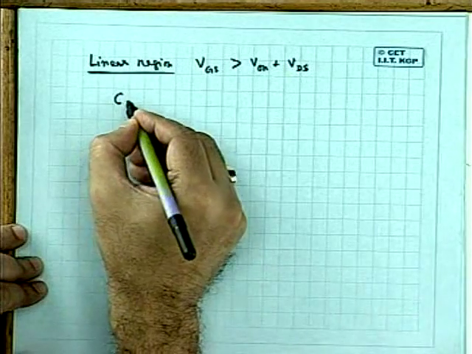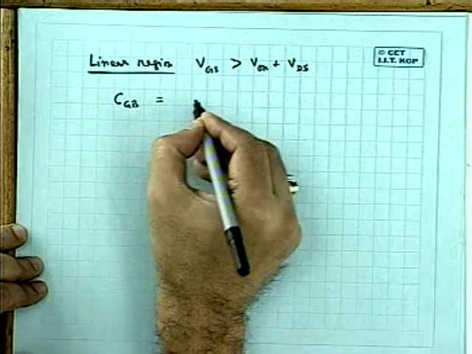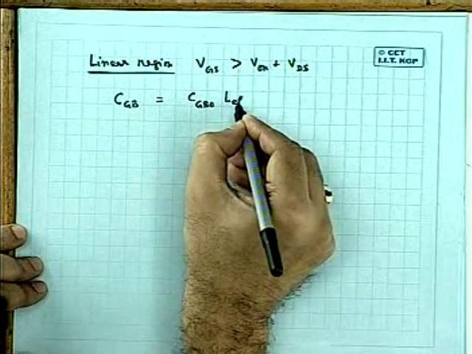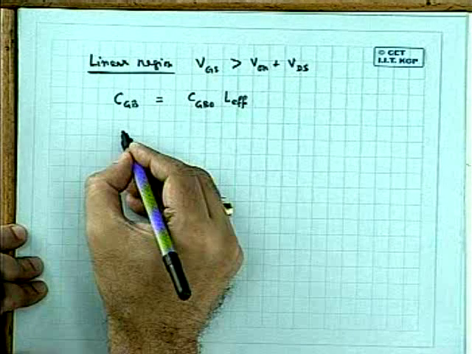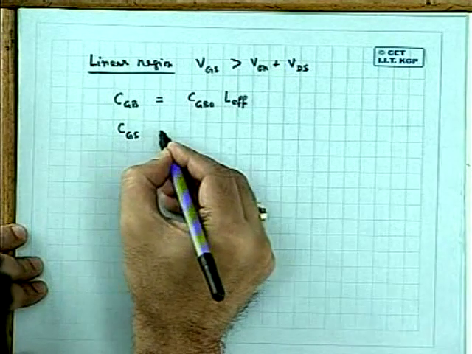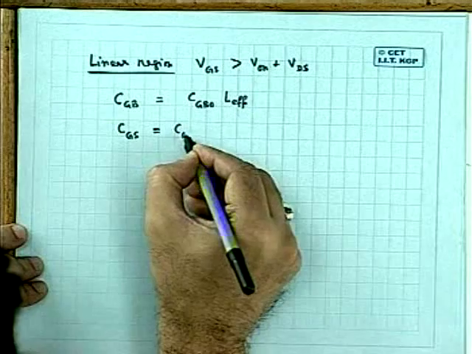Here CGB is approximated as CGBO L effective. CGS is COX.